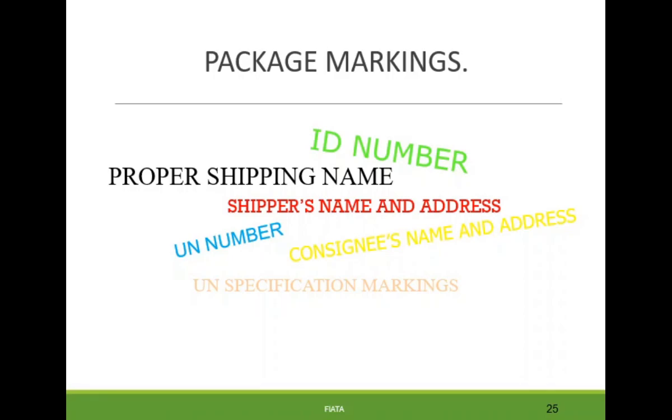Once goods are packed into the appropriate packaging, the packaging requires markings, and the markings include the United Nations Substance Identification Number, the proper shipping name, the shipper's name and address, the United Nations number, which I've indicated earlier on, and also the consignee's name and address.